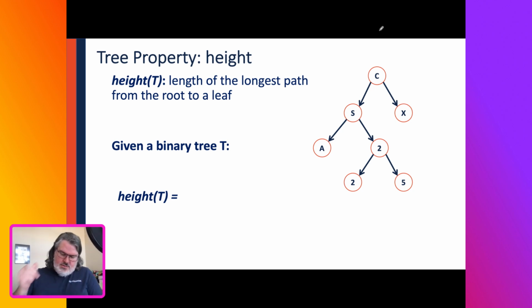The height is the longest path from root to leaf, which is how we have defined height. The height of T. So given this is T, what is the height? 3, 4.